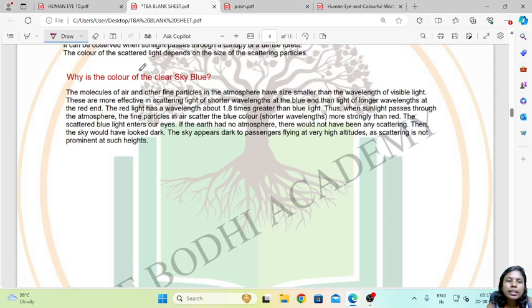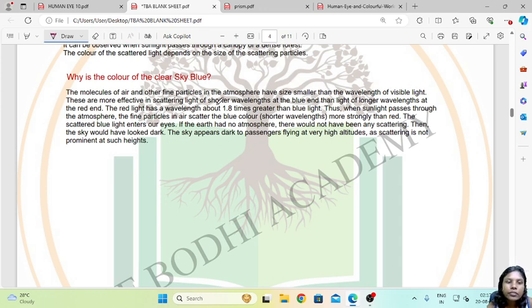Last, why is the color of the clear sky blue? The molecules of air and other fine particles in the atmosphere have a smaller size than the wavelengths of visible light. The wavelength of visible light is quite higher as compared to the fine particles present in the atmosphere. These are more effective in scattering light of shorter wavelengths at the blue end than light of longer wavelengths at the red end. Therefore, there is more scattering of the light with the shorter wavelength at the blue end as compared to the longer wavelengths at the red end.